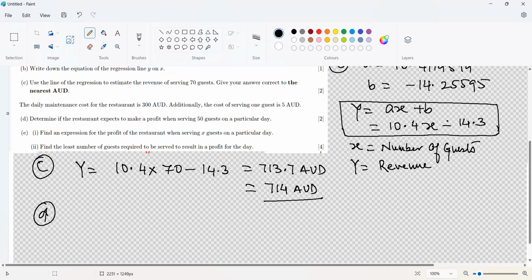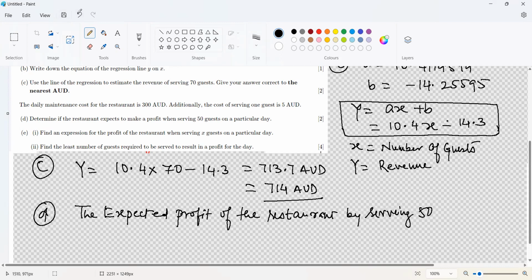So in D, I'll write the expected profit of the restaurant by serving 50 guests.